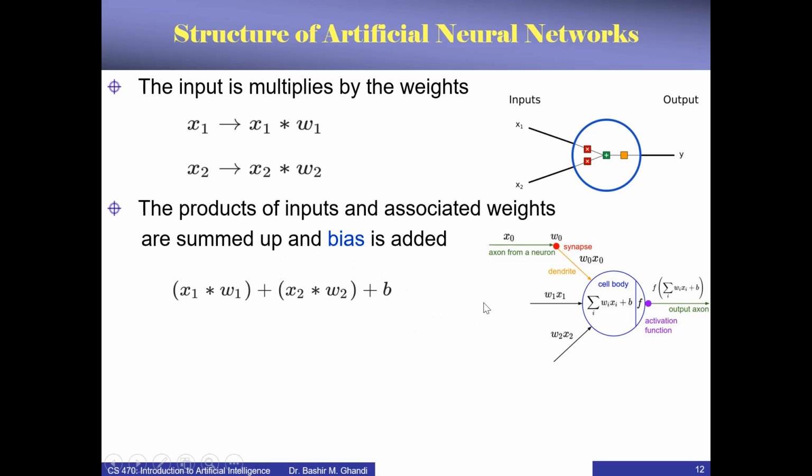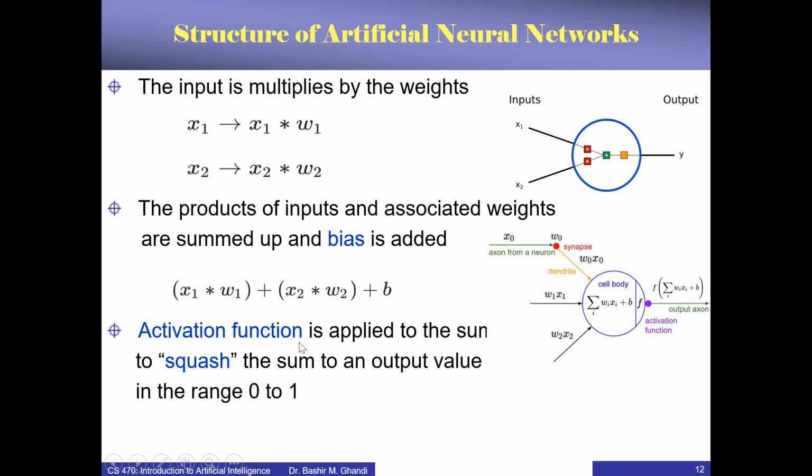Once we have this, the next step is to apply the activation function. An activation function is applied to the sum, usually to squash the value obtained from the sum so that it is within a certain range, usually between 0 and 1. The function is applied to the sum and we get a single output y.